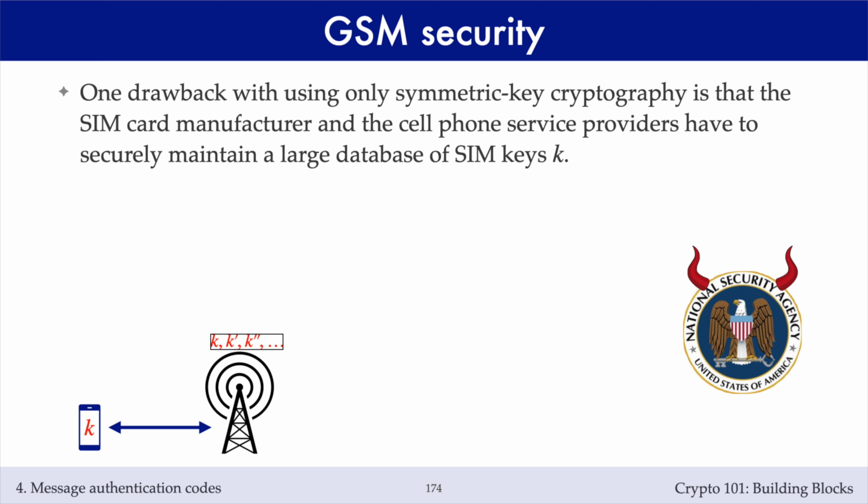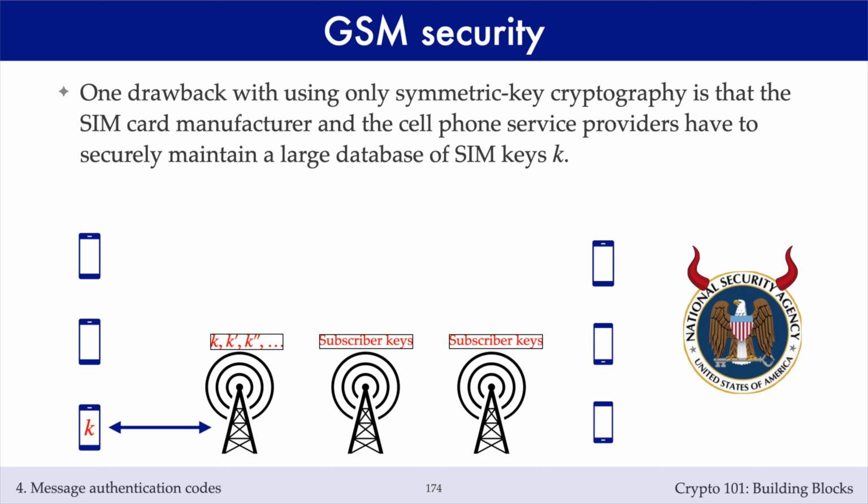Now, one way to get K is to break into Alice's cell phone and retrieve K. But this might be difficult to do, might require a lot of work, and at the end, you only have one secret key. Or you might try to break into cell phone service providers' databases and then get the keys from many subscribers.